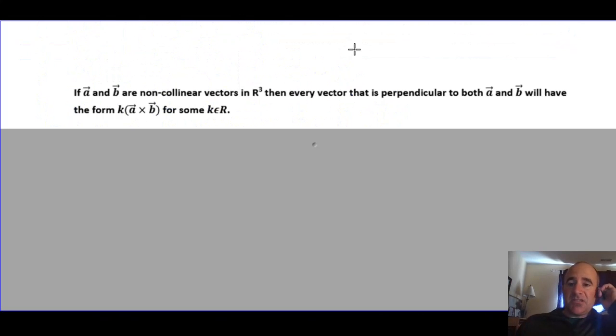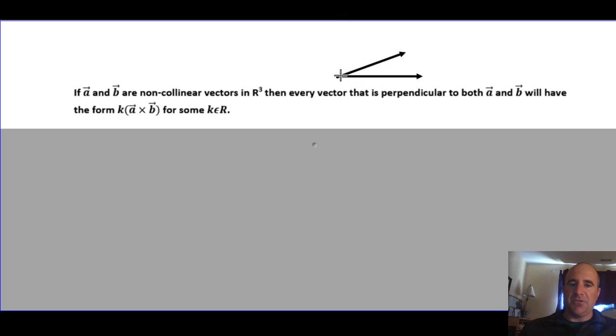Let's read this statement here. If a and b are non-collinear vectors in R3, so that means assume a and b are not collinear, then every vector perpendicular to both a and b will be of the form k, a cross with b for some k in R. Basically, if you have vectors a and b, any vector that's perpendicular to both a and b has to be some scalar multiple of the cross product.